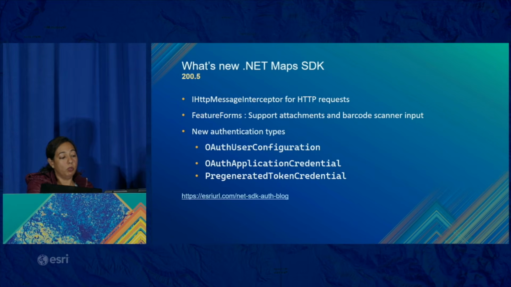So we have a new blog post at the URL that you're seeing here. It outlines all the authentication workflows that you can do with these new APIs and how to transition, what's the difference, how they are better than the previous versions. So I recommend going through that blog post as well.